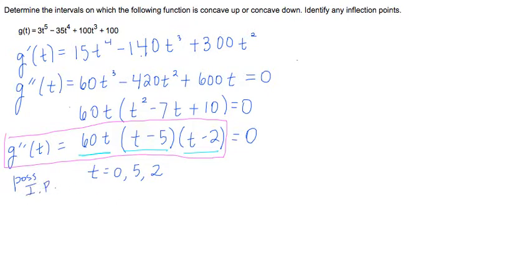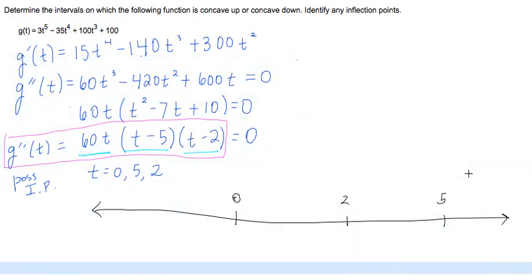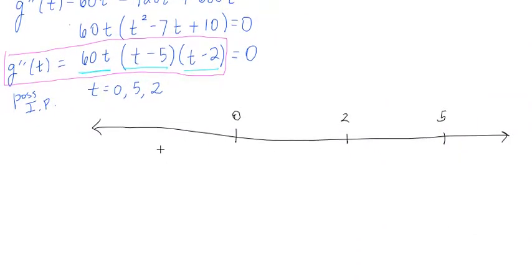Now we want to find concavity, so I want to put those numbers on a number line and order them: 0, 2, and 5. That splits up our axis into 4 pieces.